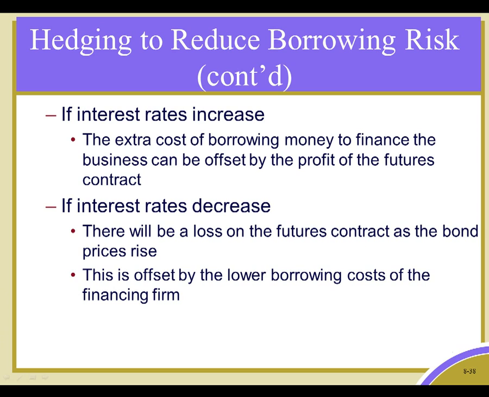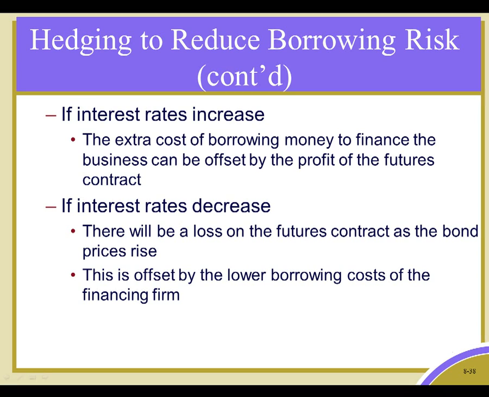Now, interest rates are something that many firms are concerned about. Borrowers are concerned about interest rates. Lenders are also concerned. They might enter into a futures contract because they're afraid interest rates will go down, and they won't be able to lend at as high an interest rate. For multinational corporations, they may have their expenses in one currency.